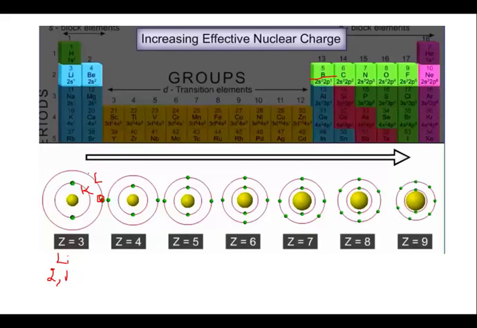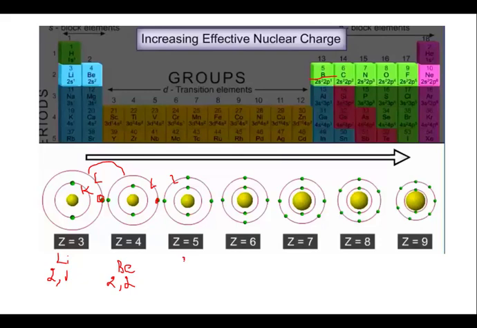Now when we move from lithium to beryllium, the electronic representation will be slightly different. In the first shell there will be 2 electrons, but in the second shell, as compared to lithium, there is one additional electron. The same electron gets added in the L shell, right? So L shell now has 2 electrons. That means on moving across the period, the electron entry takes place within the same shell.